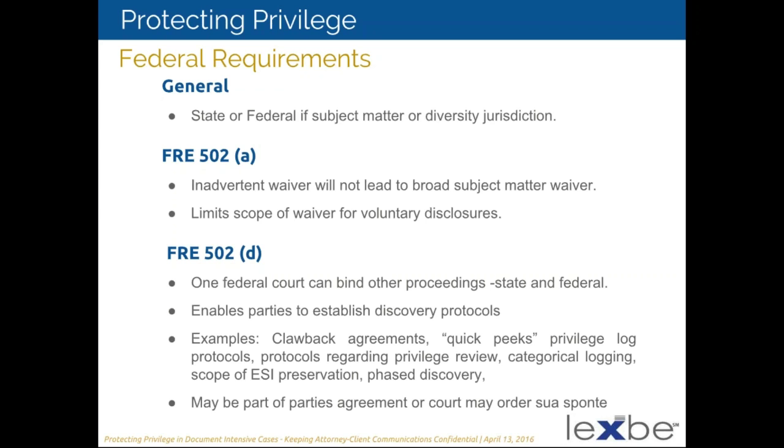What is the protocol for privilege review? Categorical logging of privilege, which I'll discuss more. The scope of preservation, phased eDiscovery, electronic discovery, and other matters. These can be part of the parties' agreement, but it's more powerful if it's in a court order, and the courts can also order this sua sponte, and some of them do that.